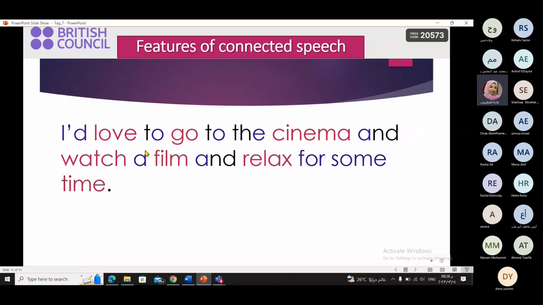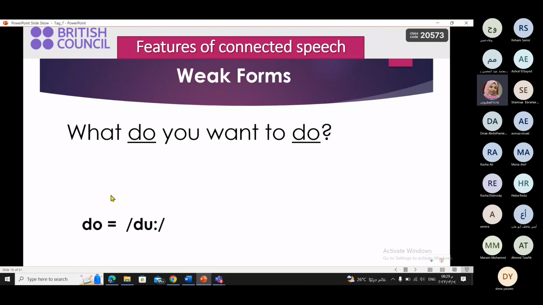So we will read the sentence like this. These words are the strong words, or they receive the stress in the sentence because they are the content words. They convey a meaning, they carry information, but the other words will be in the weak form. Okay? Like this.